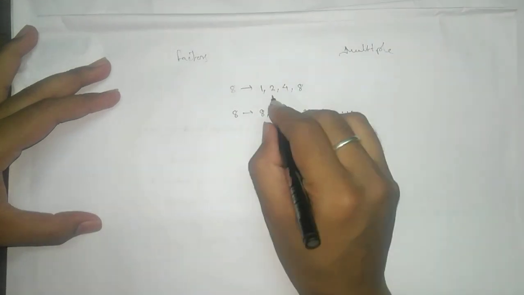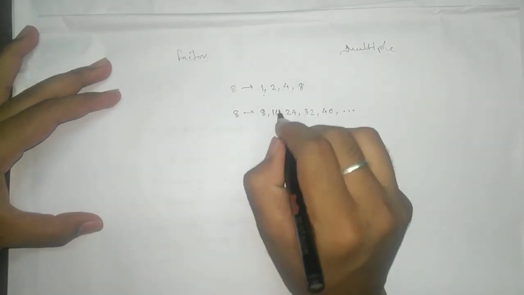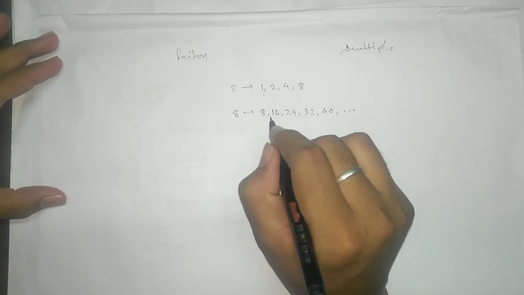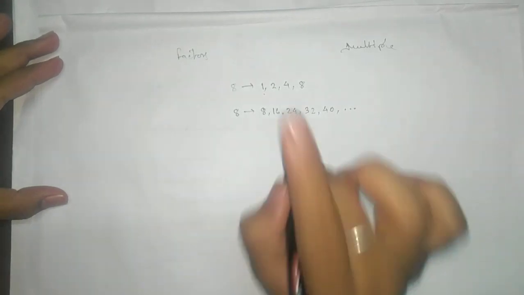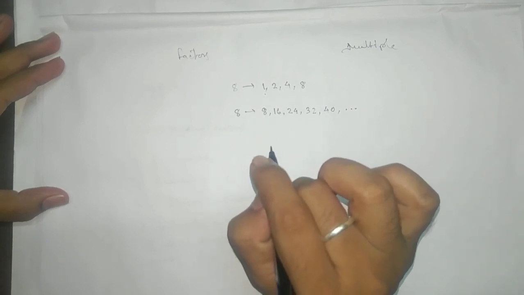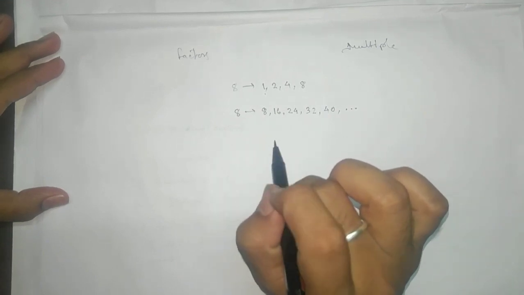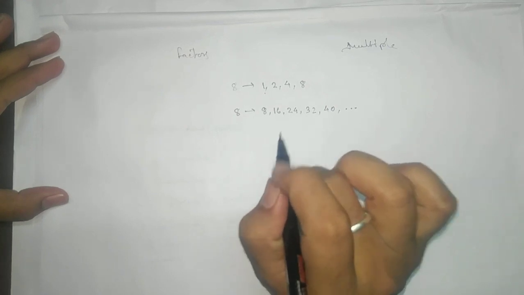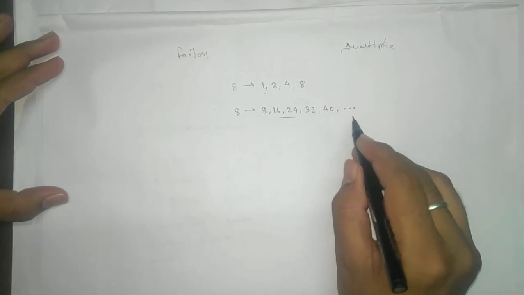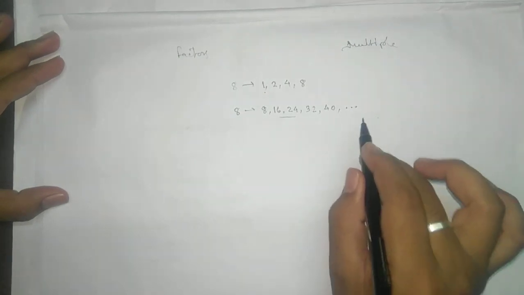So here you can see 1, 2, 3, 4. That means factors of a number are finite. Remember the first difference: factors of a number are finite. And here I have taken three dots, which means it will continue. It will never end.